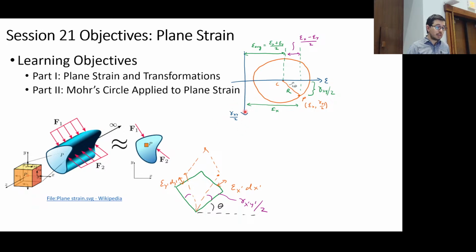We're going to say this multiple times, but this will be the first: gamma xy over 2 represents the vertical axis. If we were doing plane stress, that would have been tau, right? But we didn't do tau over 2. Here it's gamma over 2, and that's because of how the math works out.